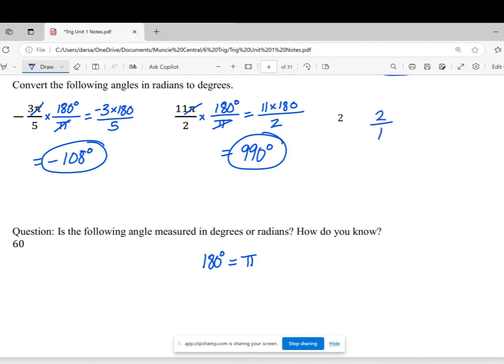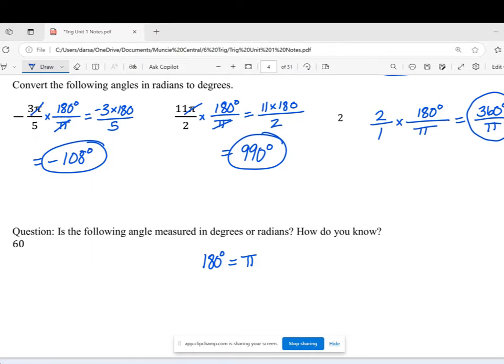We start with the fraction 2, which is 2 over 1. Since this is in radians, we put the pi radians on the bottom and our 180 degrees on the top. Since there is no pi on the top, there's nothing to cancel here, so we're just going to multiply. 2 times 180 is 360 degrees. 1 times pi is pi, and technically this is a very good answer, 360 degrees over pi.